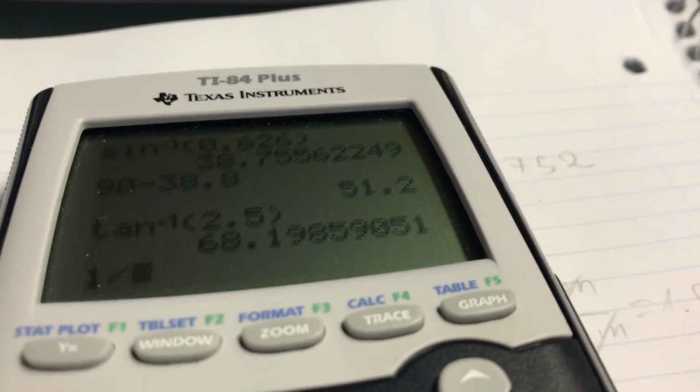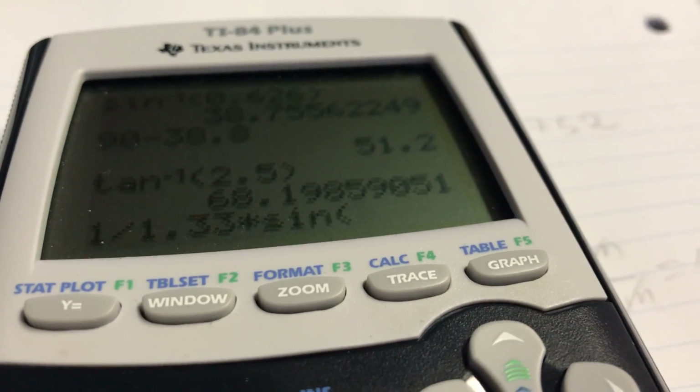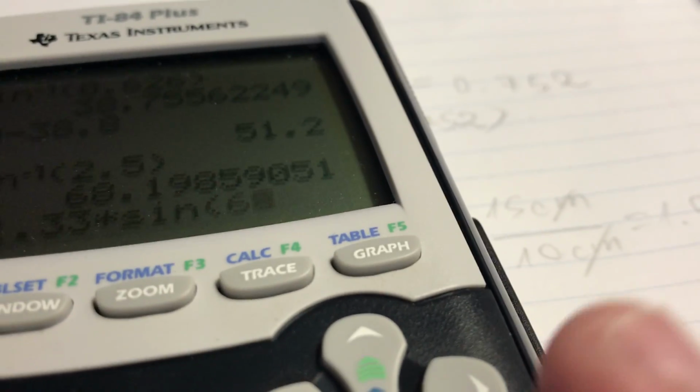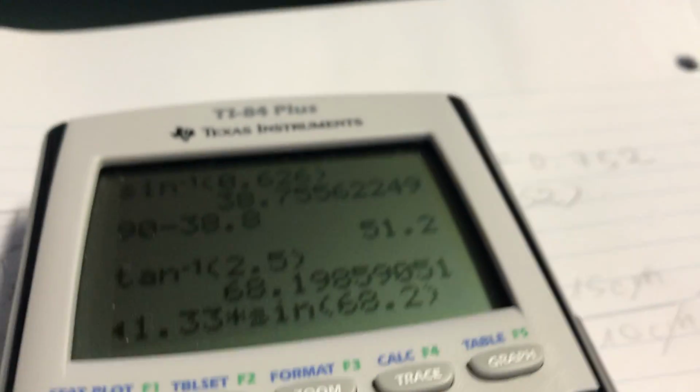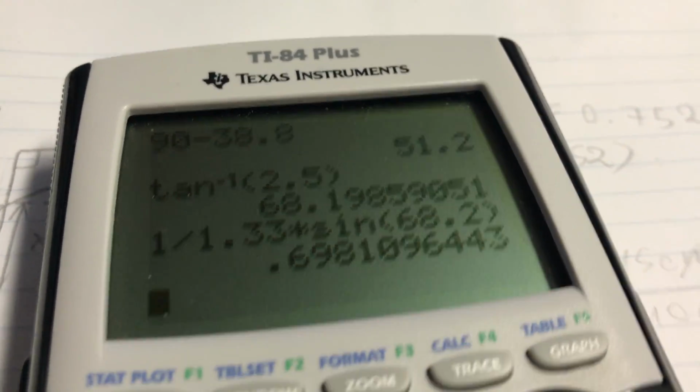That is 1 divided by 1.33 times sine of 68.2 degrees, and that is 0.698.